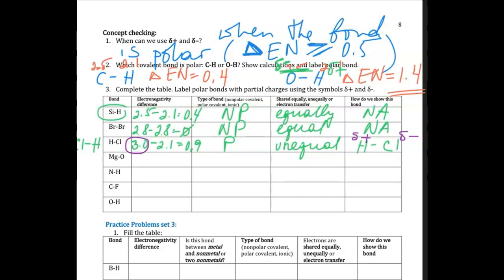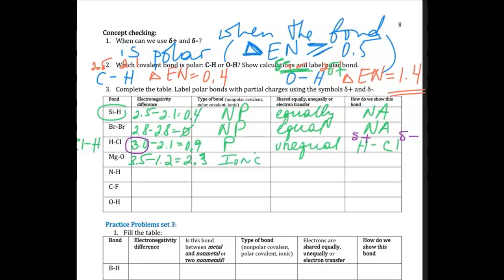For chlorine, it will be delta negative because it has a higher electronegativity, and for hydrogen it will be delta positive because its electronegativity is smaller than the electronegativity of chlorine.